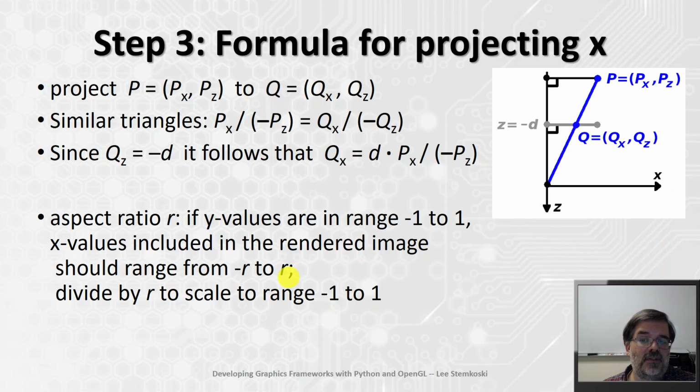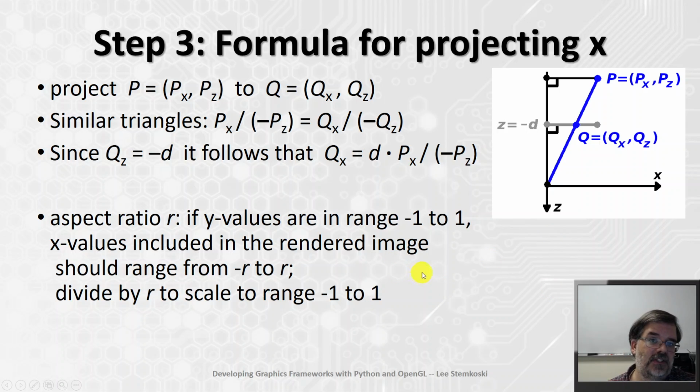But we're trying to transform this into clip space. Everything we want to show up needs to be within that cube in OpenGL, where all the coordinates are between -1 and 1. So we need to take this range, we need to scale it down, we need to divide by r. And that turns the range from -r to r into the range from -1 to 1.